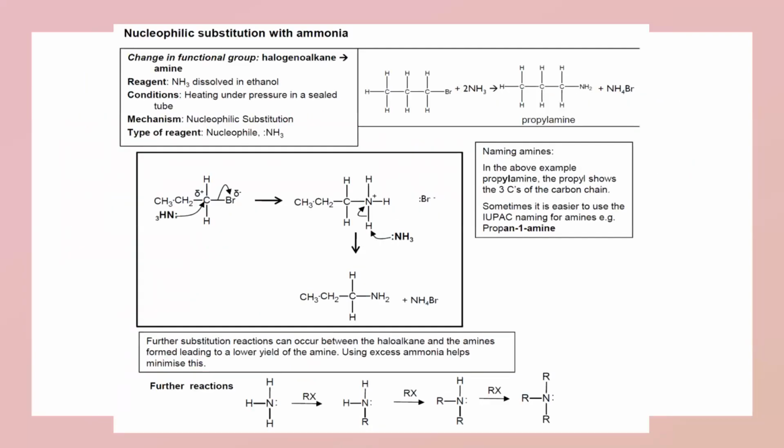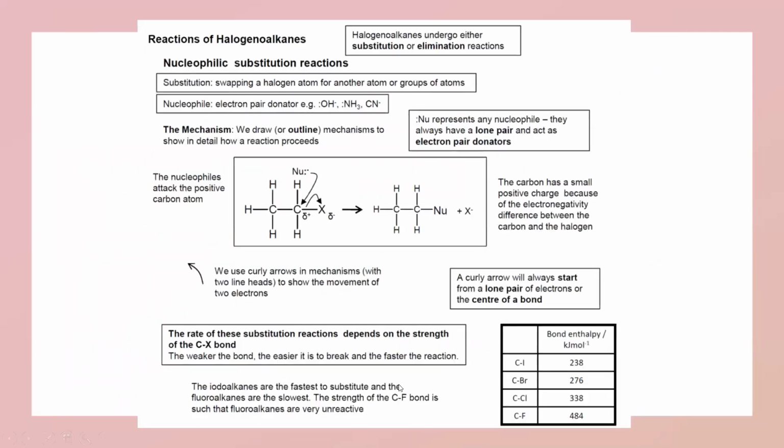For example, if we have carbon bonded with iodine, carbon bonded with bromine, and carbon bonded with chlorine. Because iodine is much larger in size, it is a weaker bond. And when you check the bond energy, the table here shows the bond energy.